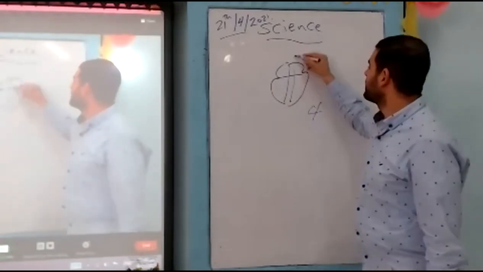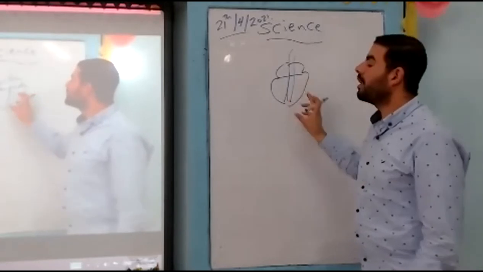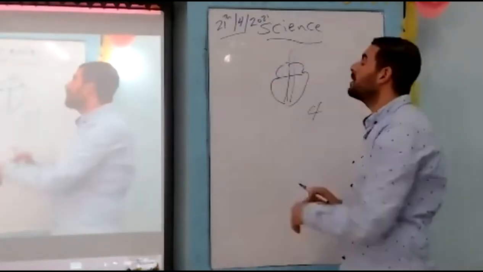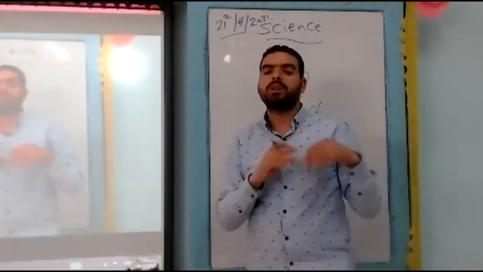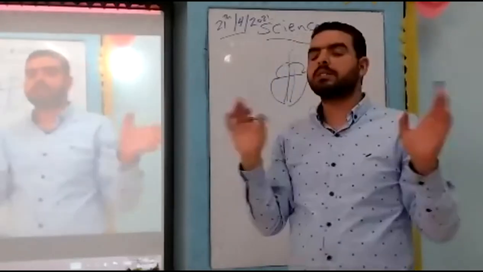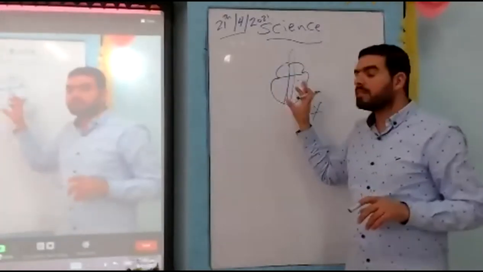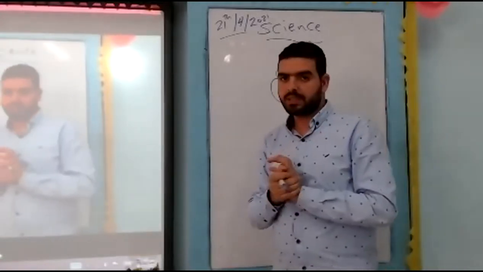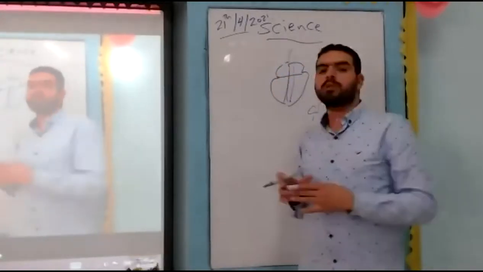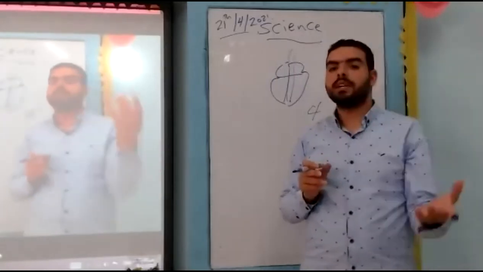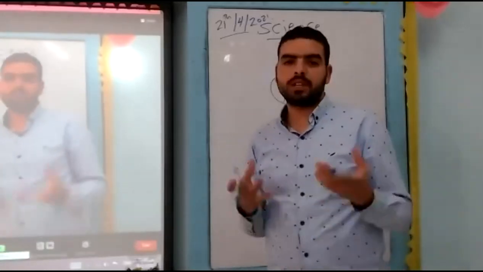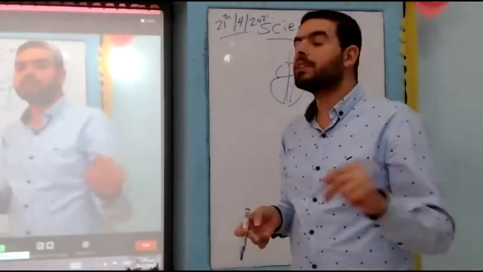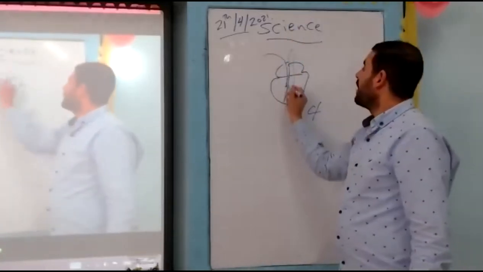The ventricles are responsible for pumping the blood away from the heart to body cells and the lungs. The left one is responsible for pumping the oxygenated blood to all body cells, while the right one is responsible for pumping the deoxygenated blood or blood that contains carbon dioxide to the 2 lungs through the pulmonary artery.